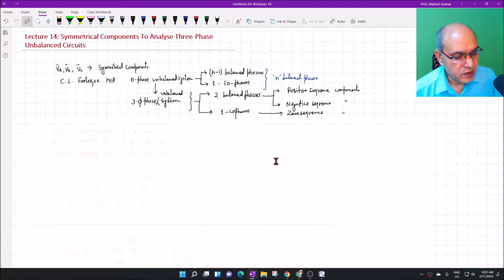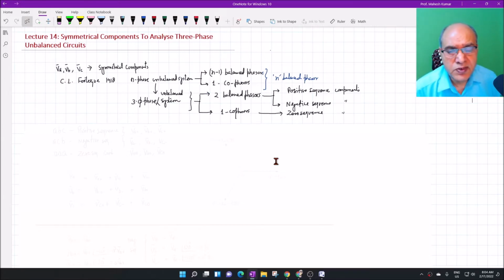So in this lecture, we will focus on the study of symmetrical components in order to analyze three-phase unbalanced circuits. Unbalance could be in respect of the fundamental and the harmonics. First, we will focus on the unbalance with respect to fundamental only.